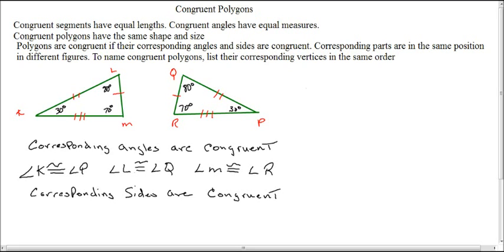Well, we're actually talking about those line segments that we created. So we see that line segment LM, and you write that by writing the letters and putting a line across it, is congruent. And what is it congruent to? Well, of course, QR. You can see the measure and the one tick mark.